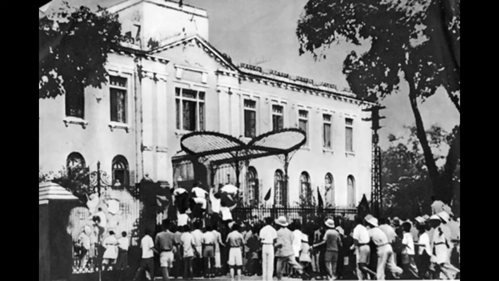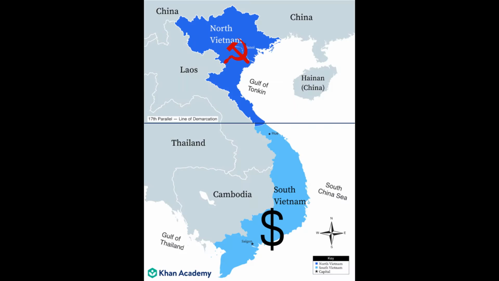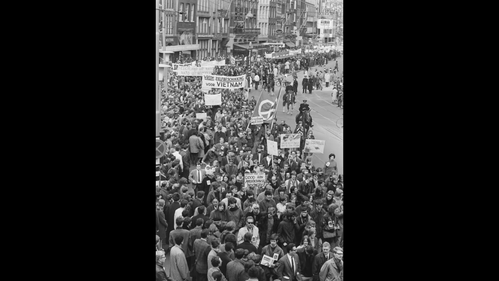Vietnam War, 1955 to 1975. After Vietnamese independence from the French after World War II, Vietnam, like Korea, was divided along the 17th parallel, with the Communist North and the Capitalist South. Ho Chi Minh, leader of the North Vietnamese, invaded South Vietnam, in hopes of reunifying the country. The United States ended up supporting South Vietnam, while the Soviet Union supported the Communist North Vietnam.